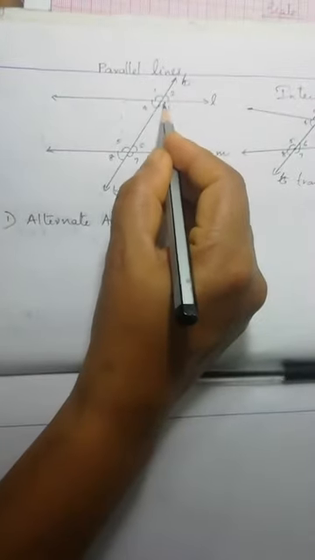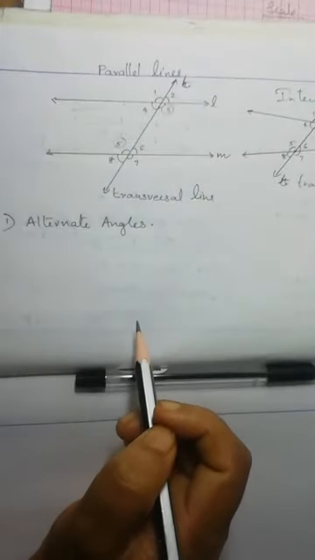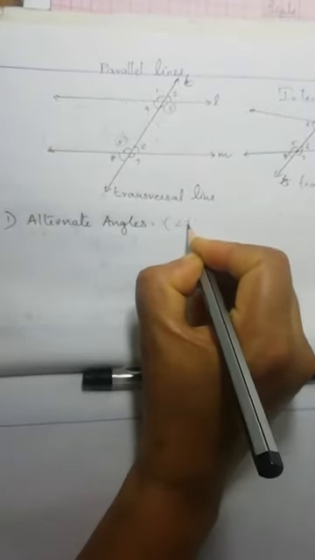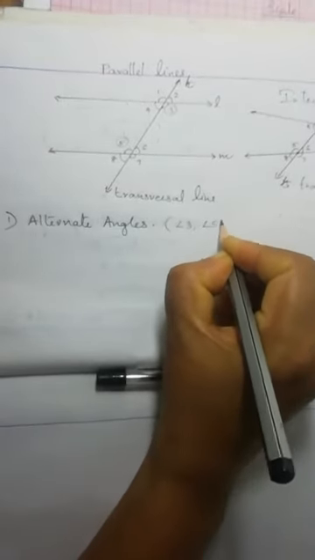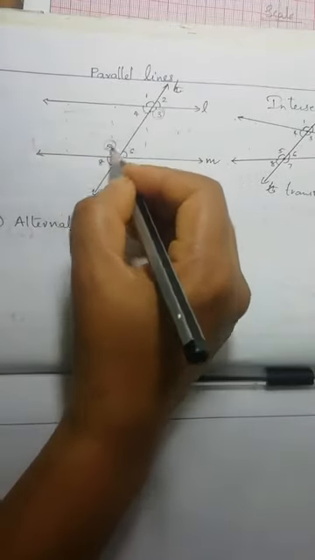Opposite side of transversal. Angle 3 and angle 5 are alternate angles. So one pair of alternate angles is angle 3 and angle 5. These are on the opposite side of transversal. Transversal is here, this side and that side.